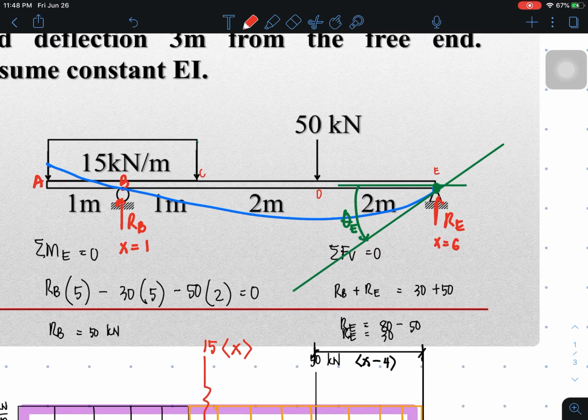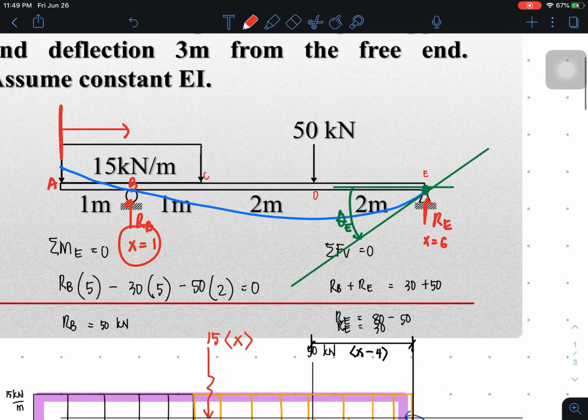So this is the location of the reaction, and it says here that x is equal to 1. Nganong x equal to 1? Tungod kay ang atong distance sa atong x kay from here padong dara.